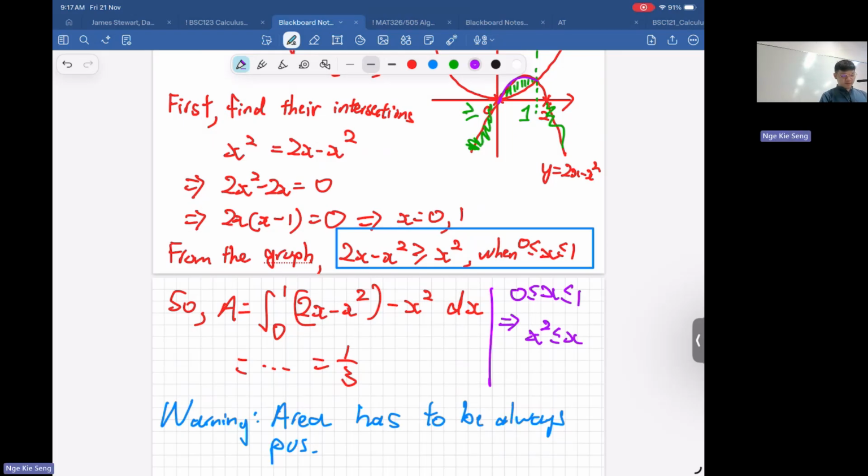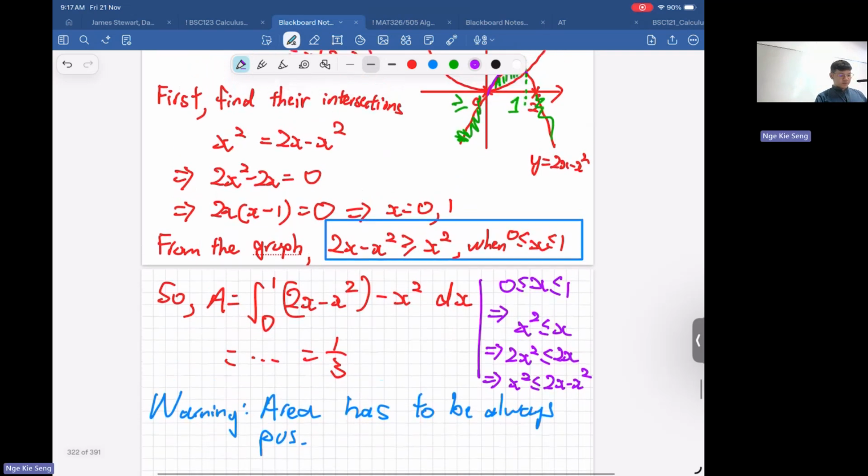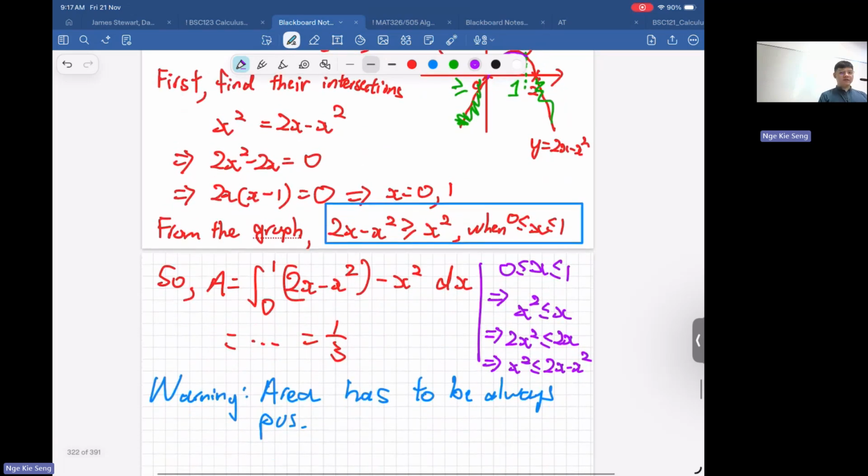This is something that you should remember. Then we can multiply by 2 on both sides, and rearrange to x squared less than or equal to 2x minus x squared. I moved one of the x squared to the other side. Either you could use the graph or you could use this analytic way to show it.